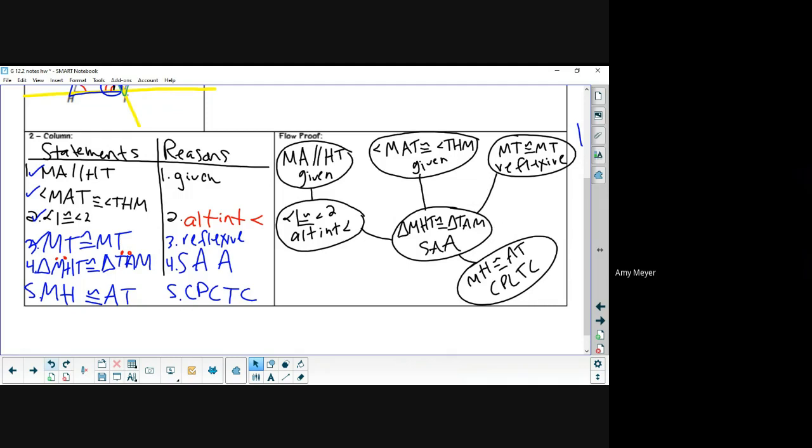MA parallel to HT. And you can write the symbols. You don't have to write out the word parallel. We are given MA parallel to HT and state what you were also given. You can write it just like it was.